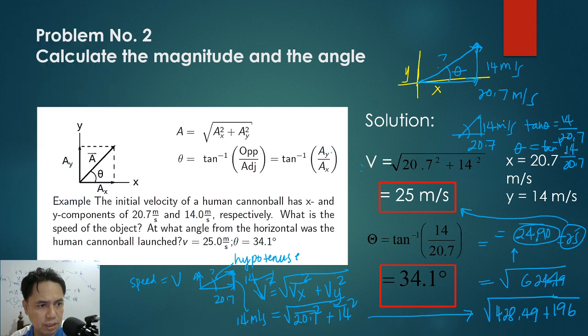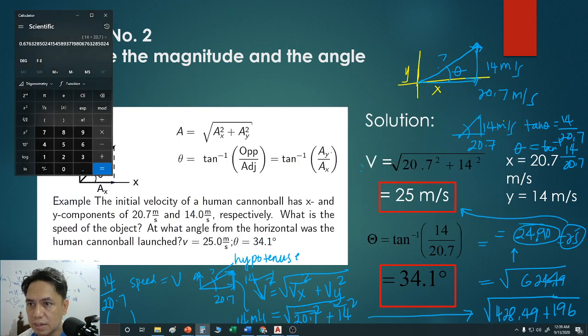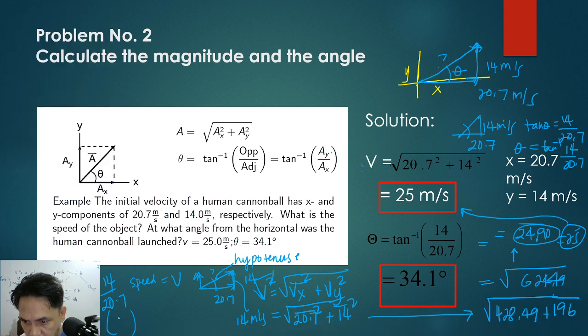So theta is the arctangent of 14 over 20.7, and 14 over 20.7 is 0.67. So we are going to get the arctangent of this so that we can get the angle.